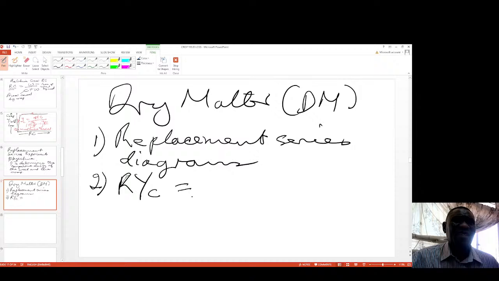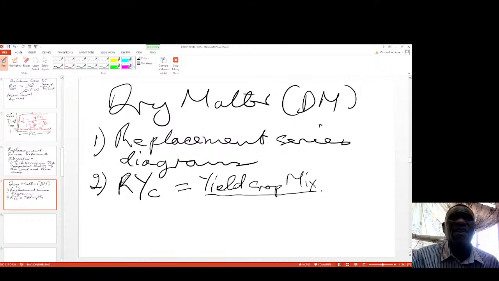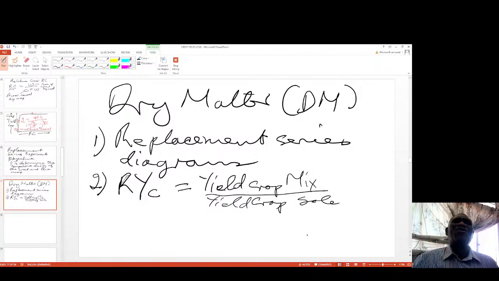which is yield of crop in mixture over yield of crop in sole crop, or in pure crop.